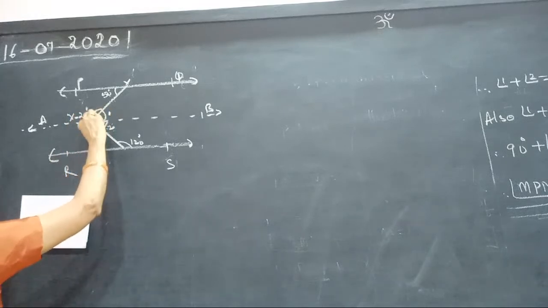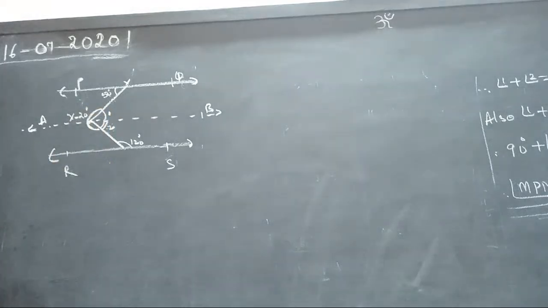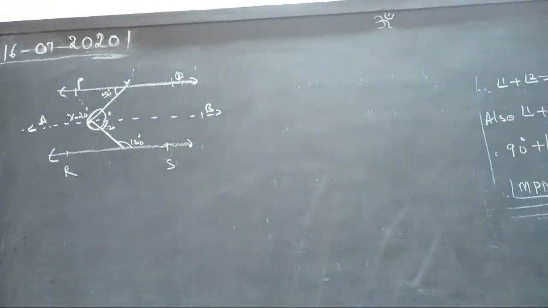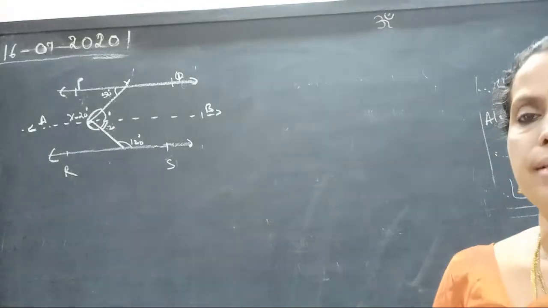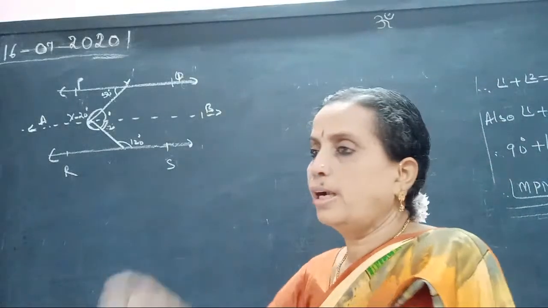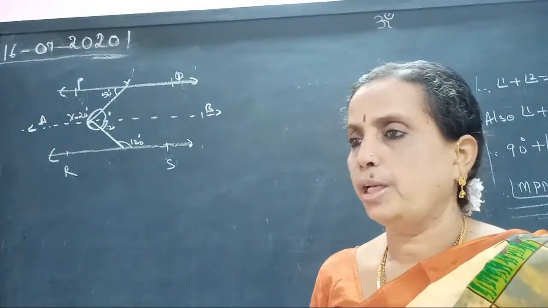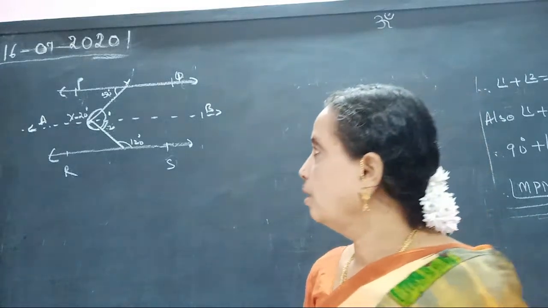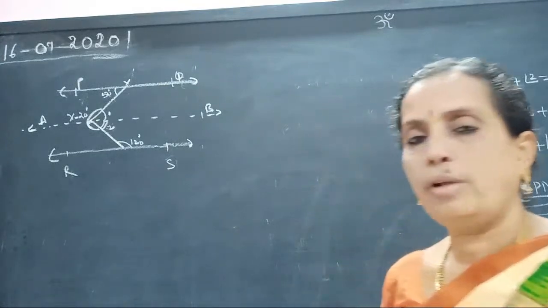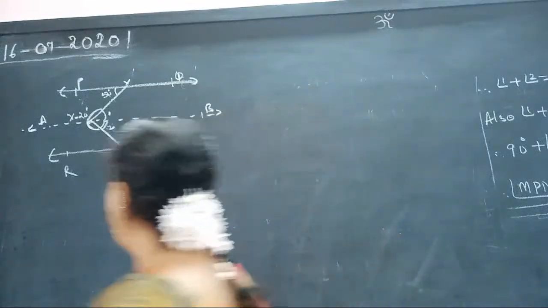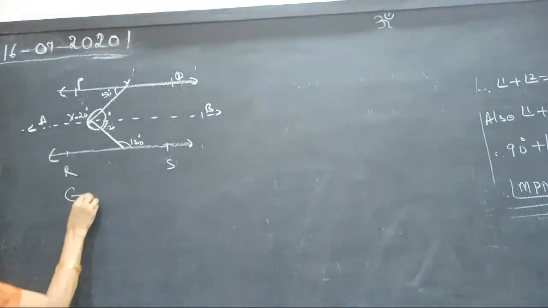This whole portion reflex angle they are given as X minus, and we know sum of the angles around the point is 360 degree. With that condition, we could find the value of X. Question is in the worksheet. Figure I have drawn here. Okay. You all taken, and below the figure you write what is given in the question.